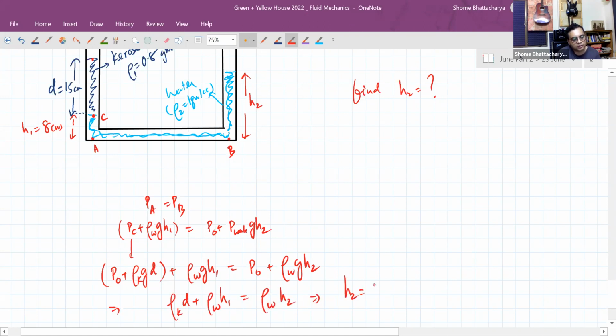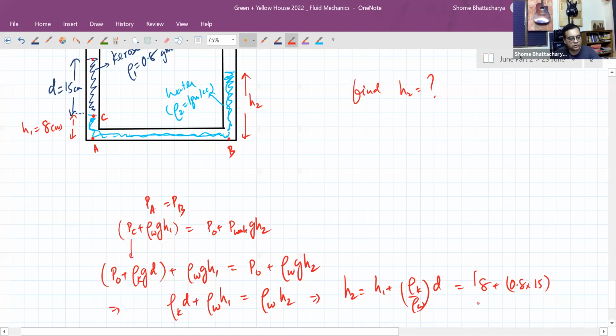So H2 should come out to be H1 plus this factor into D. So it should come out to be 8 plus 0.8 into 15. Okay.